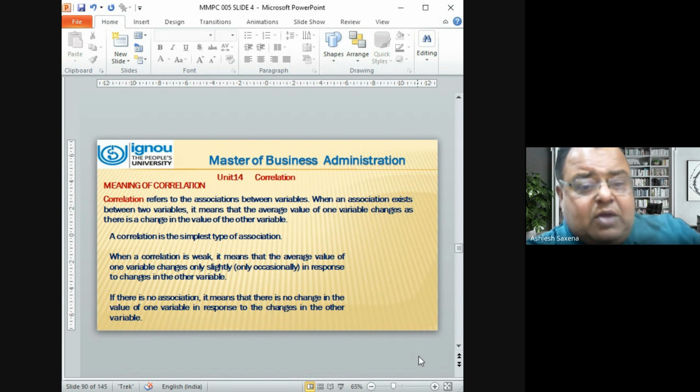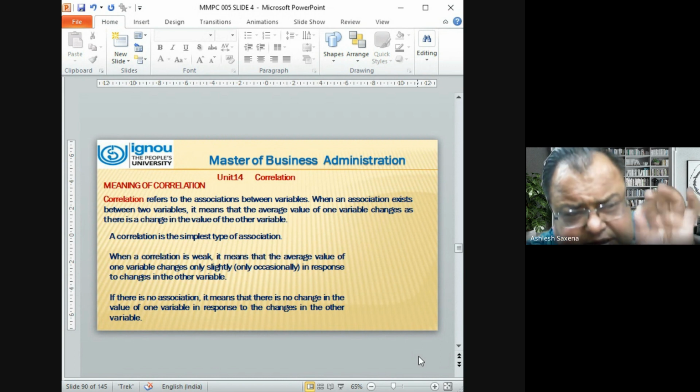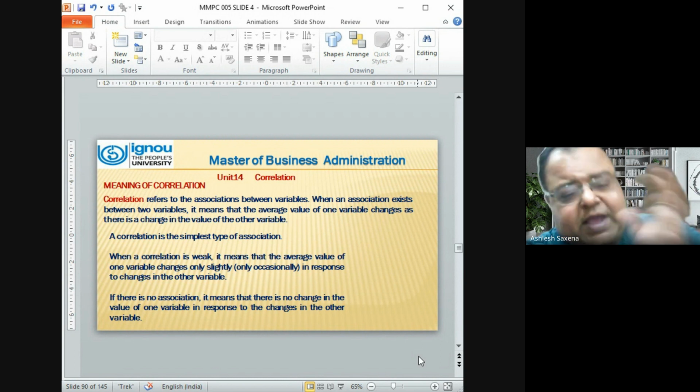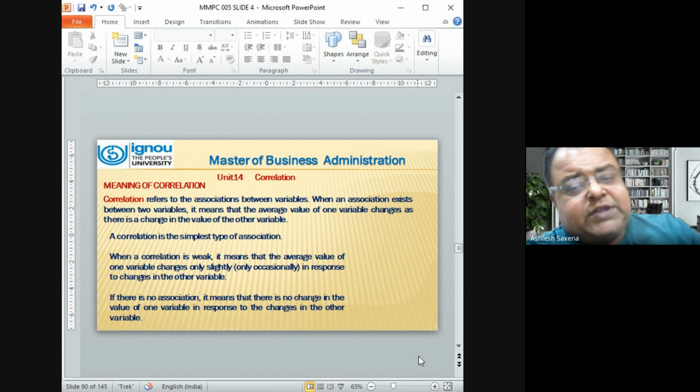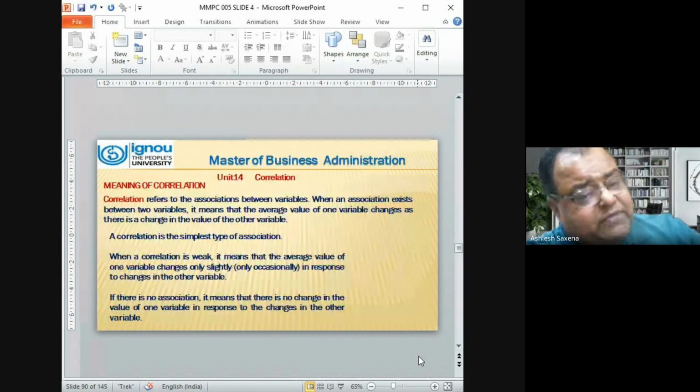A correlation is the simplest type of association. When a correlation is weak, it means that the average value of one variable changes only slightly, only occasionally, in response to the change of the other variable. If there is no association, it means that there is no change in the values of one variable in response to the changes in the other variable.